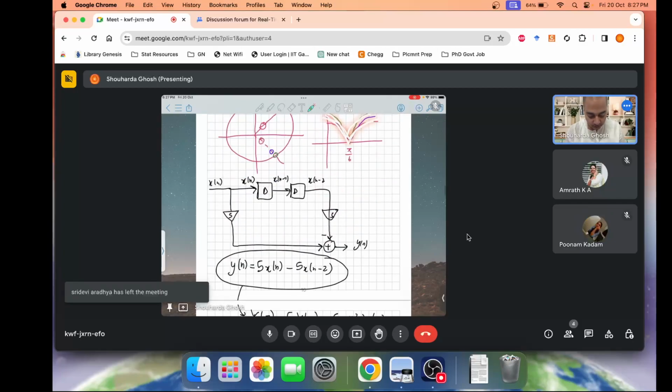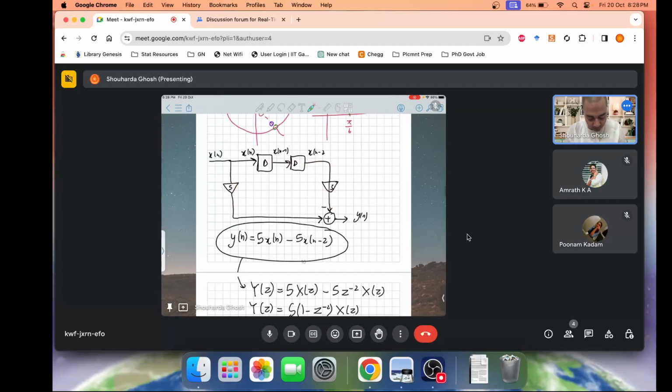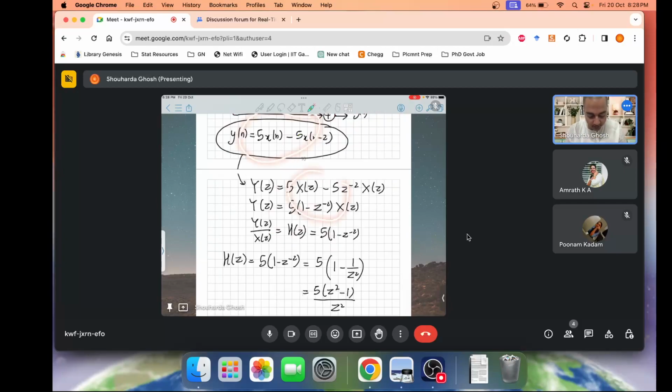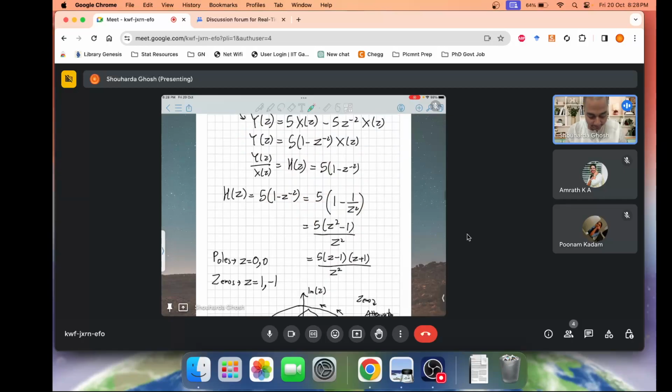Then we solved an assignment question in which this kind of structure was given, and based on it we had to find whether it was a high pass or low pass filter. We first wrote this in the time domain, converted it into the frequency domain, and found the transfer function in terms of z. Once you have the transfer function, find the poles and zeros.